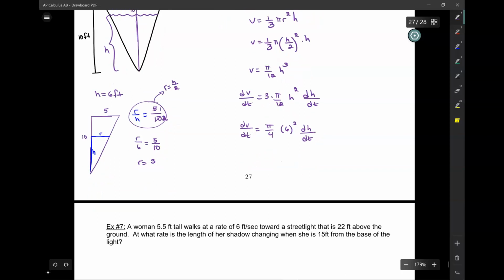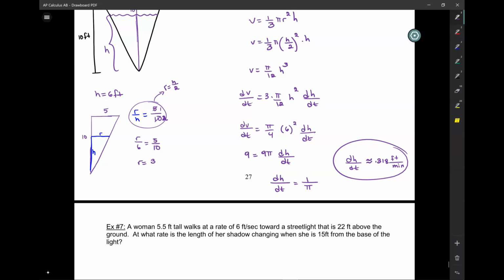All right. So what was dV/dt? 9, right? So 9 is 36 over 4, 9 pi dH/dt. So finally, dH/dt is 1 over pi. Plugging that in the calculator, dH/dt is approximately 0.318 feet per minute.